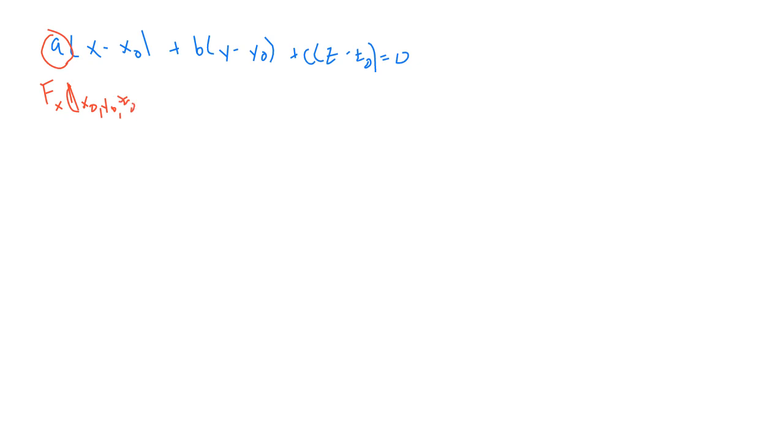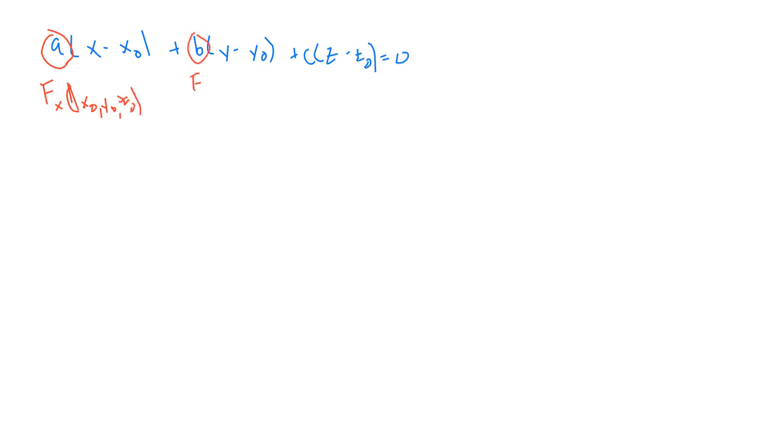What you're used to seeing for the equation of a plane is A times x minus x sub 0 plus B times y minus y sub 0 plus C times z minus z sub 0 equals 0. And what they're doing is replacing A with the partial derivative of the function for the level surface, evaluated at x sub 0, y sub 0, z sub 0.